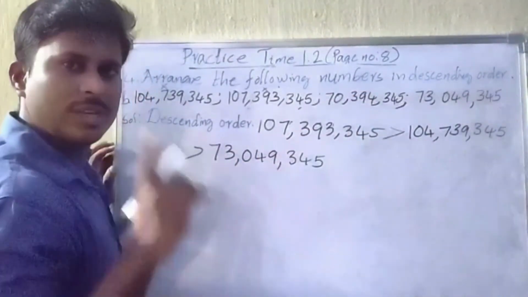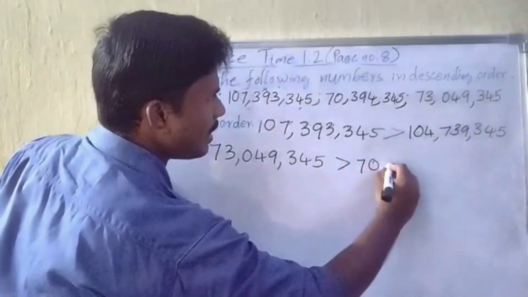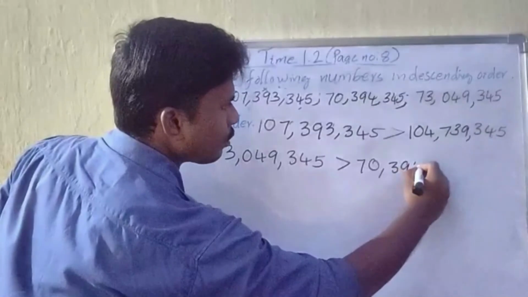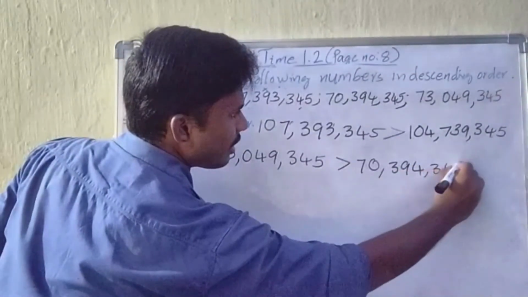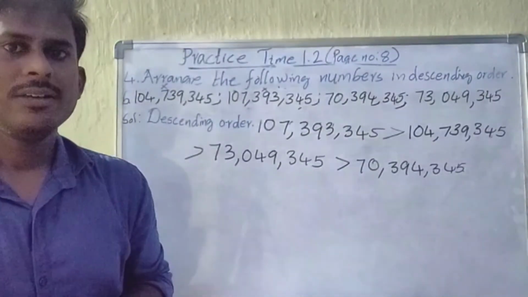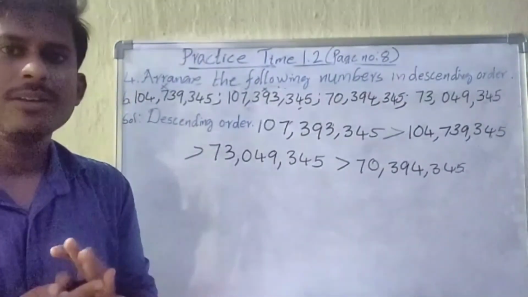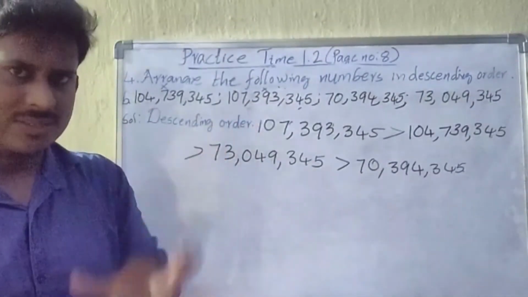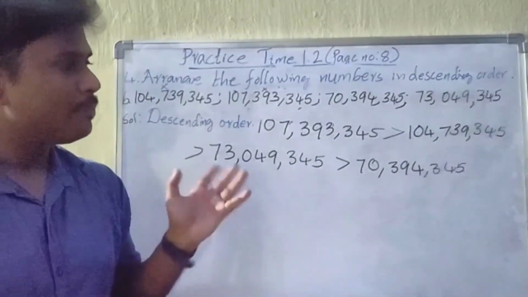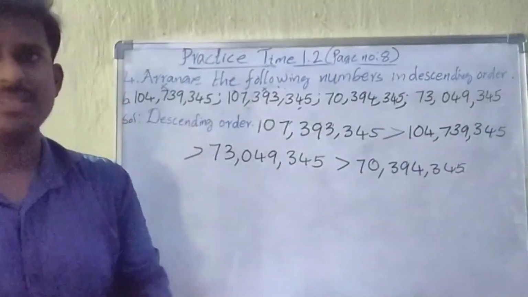Last we are left with only one number, so let us write that is greater than 70 million 394,345. Okay, that's how we compared numbers today and formed greater than, less than or equal to, and basing on some given numbers we formed ascending order and descending order also.